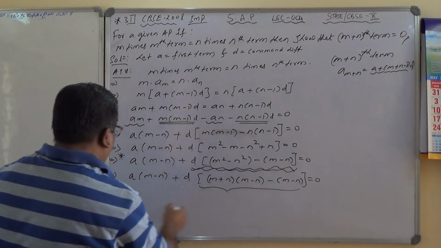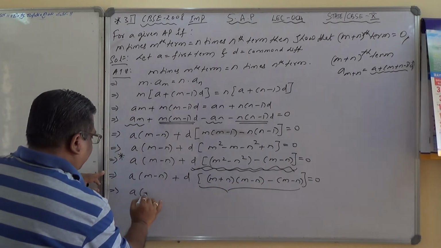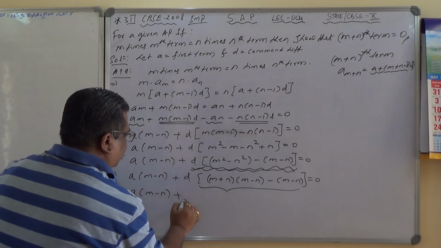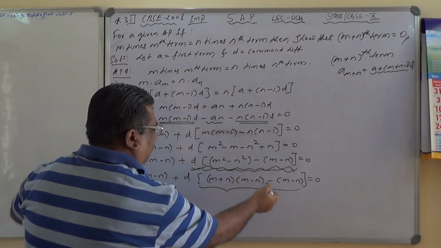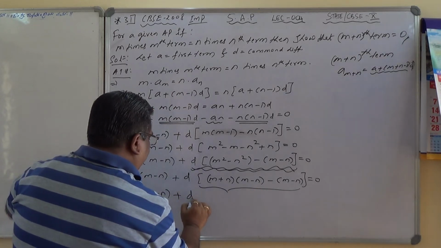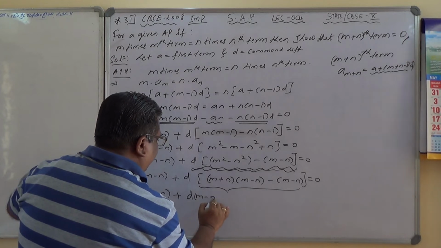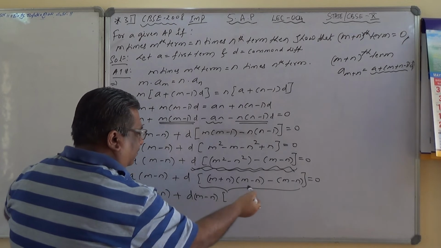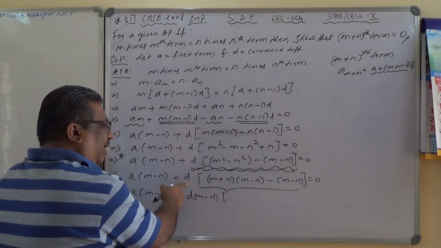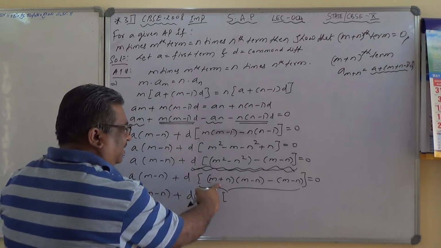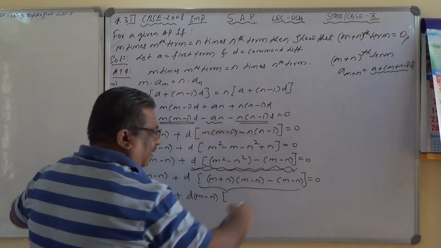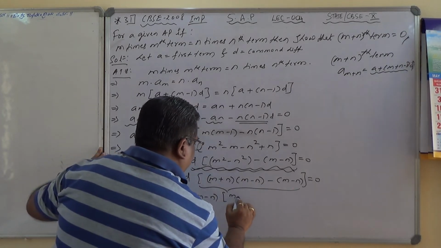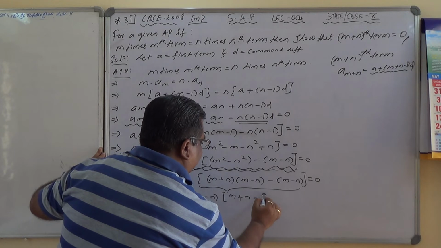M minus n is common. A times m minus n plus, out of these two, what is common here? D into m minus n into bracket. M minus n has come out of this, joined along with D, remaining is m plus n minus 1.